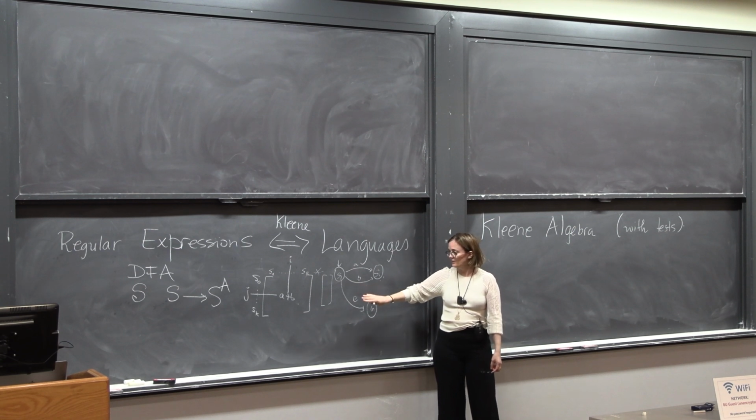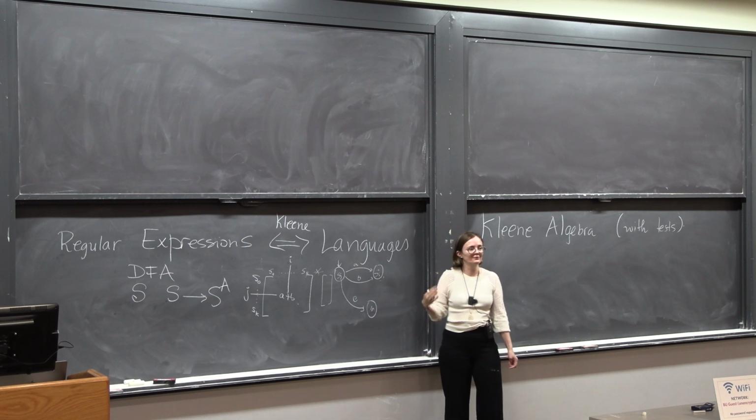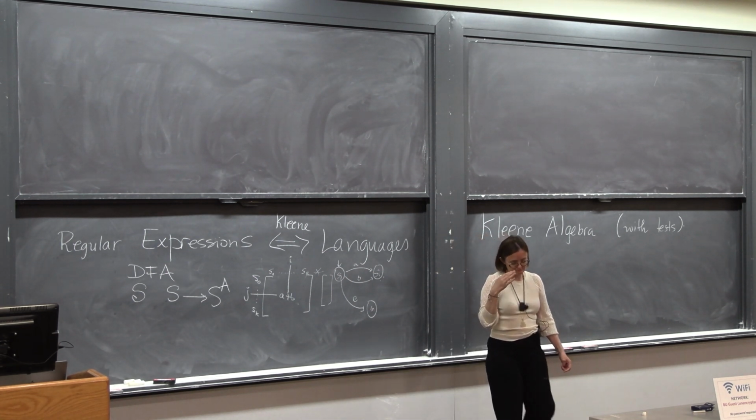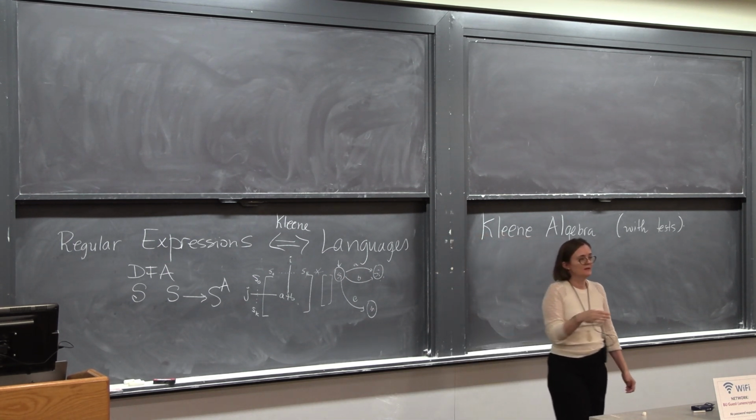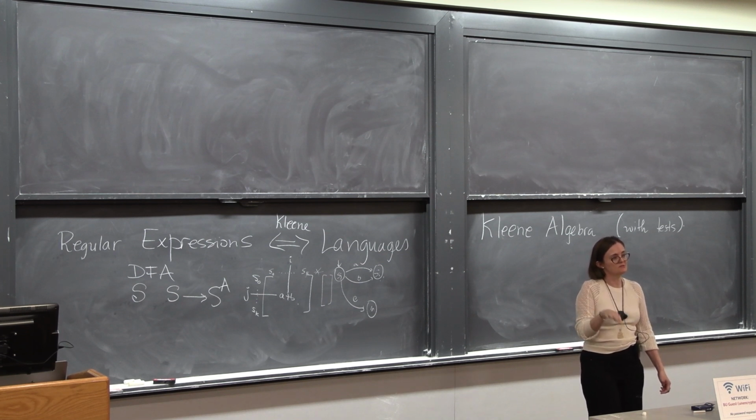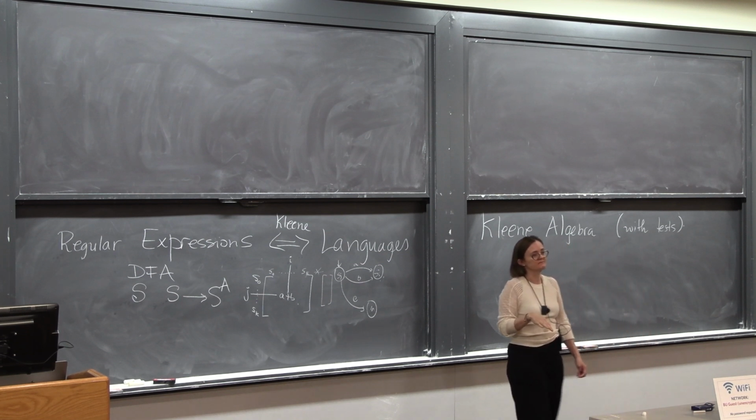But this proof is really algebraic, because it just takes the automaton and realizes that the automaton itself, if you sort of stare long enough at it, has the same structure as regular expressions.